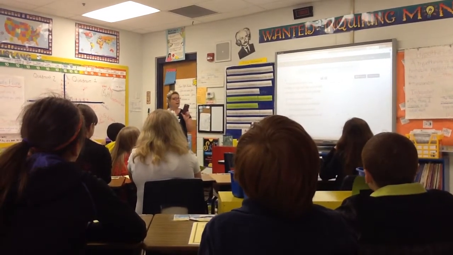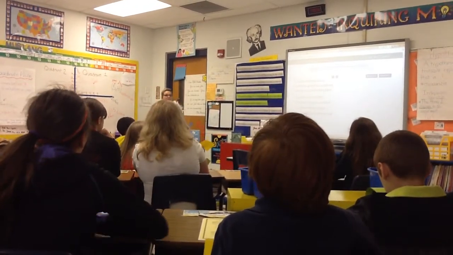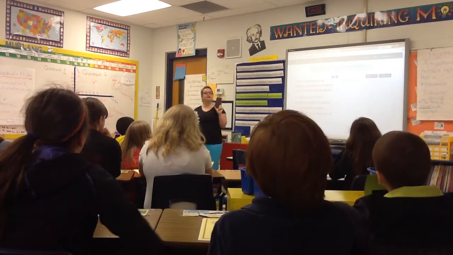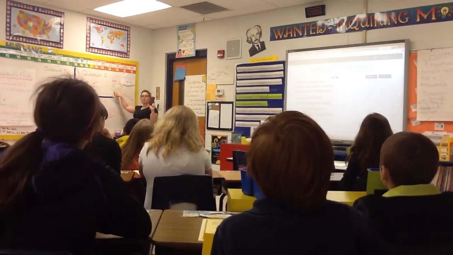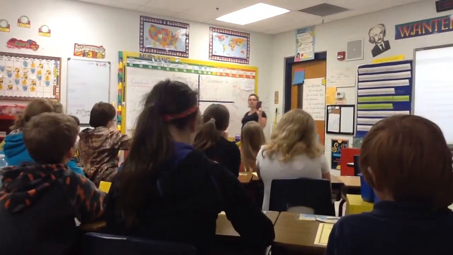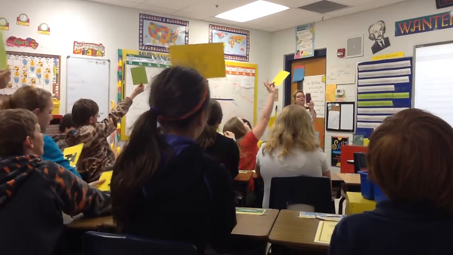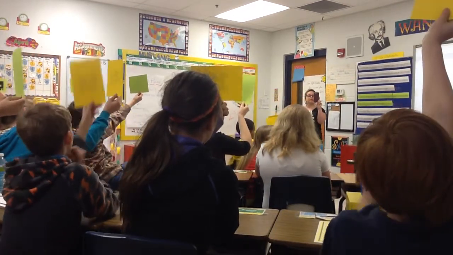That one was locating an ordered pair. This one is graphing. I feel confident in my ability to graph an ordered pair. So if Miss Brown was to give me this ordered pair, I feel confident that I could come over here and graph it correctly. I feel very confident. I feel somewhat confident. I feel a little confident.